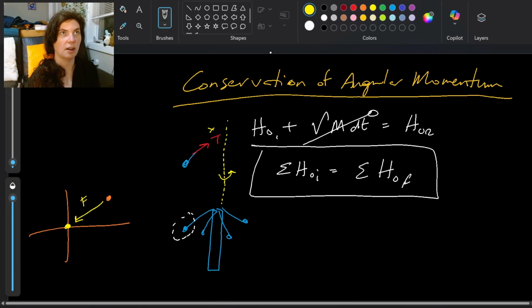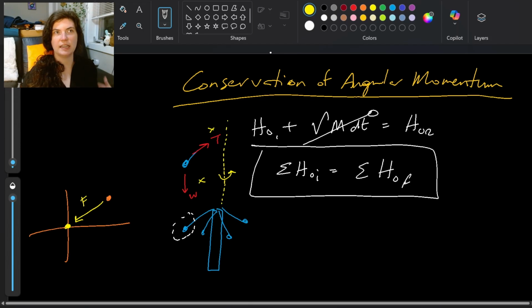So this one doesn't cause any impulse. He also has a weight, which we know doesn't cause any impulse because it is parallel to this axis that we're rotating about. And those are really the only forces acting on him. So since both of these forces don't cause any moment, we could use conservation of angular momentum for that.